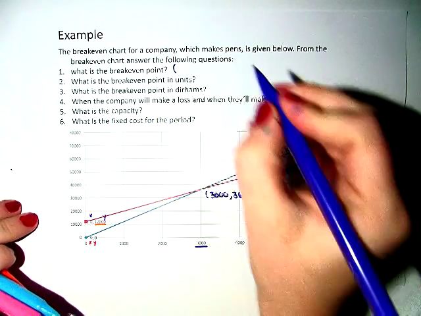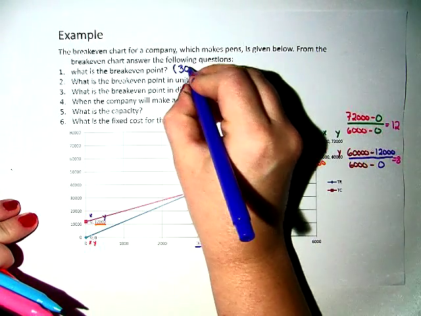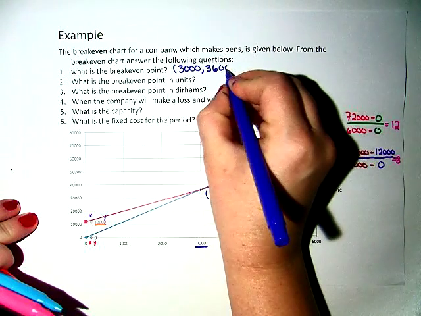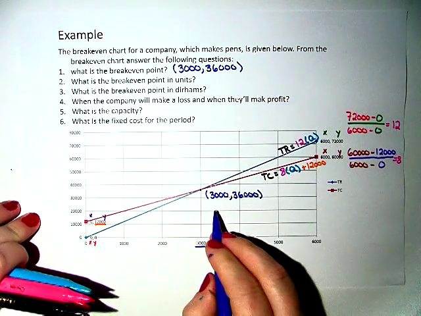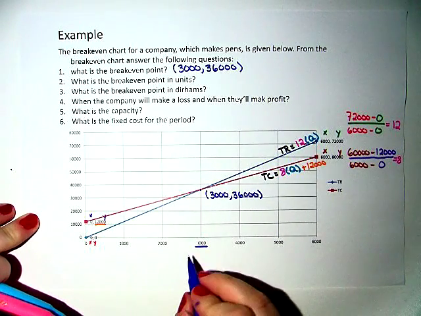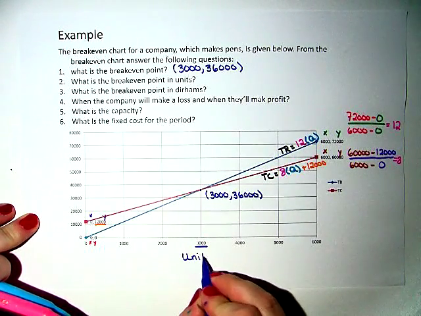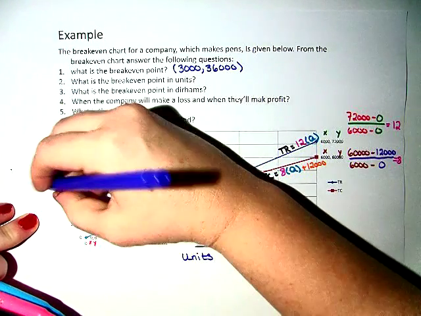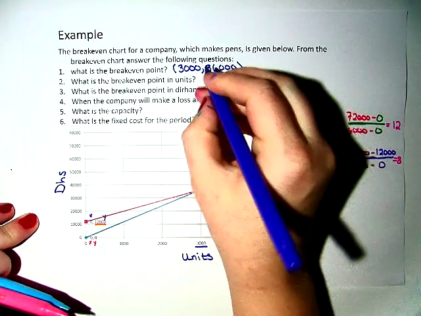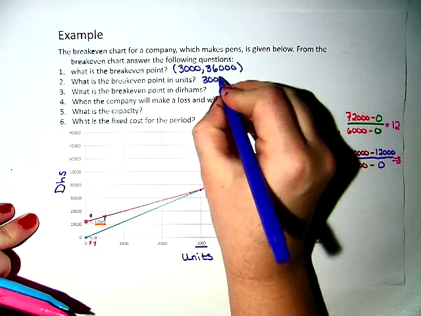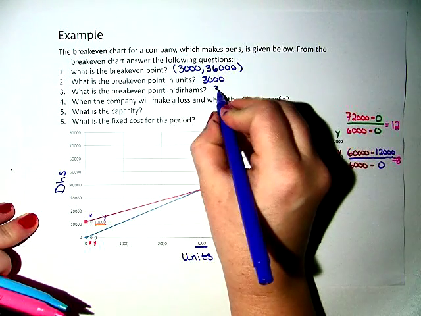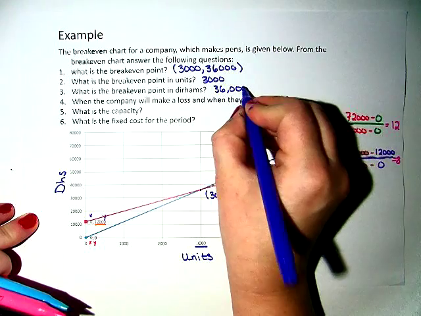Okay, the break-even point is 3,000, 36,000. Okay, this point right here. What is the break-even point in units? Okay, so the way that it works is down here, this is units, and up here, this is dirhams. So the break-even point in units is 3,000. What is the break-even point in dirhams? The break-even point in dirhams is 36,000.